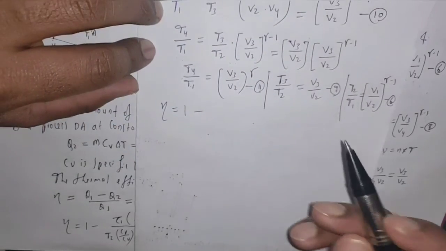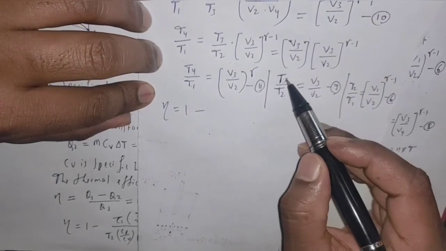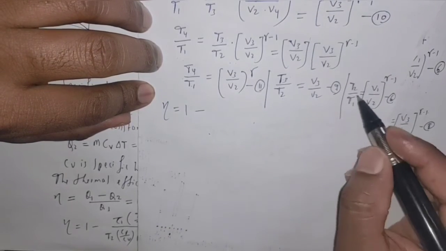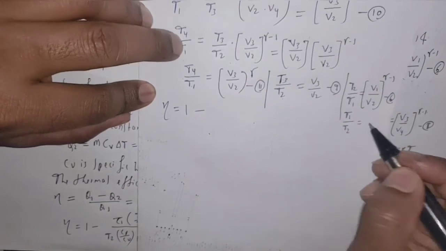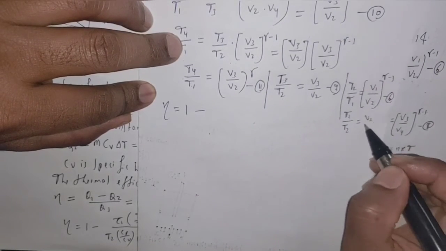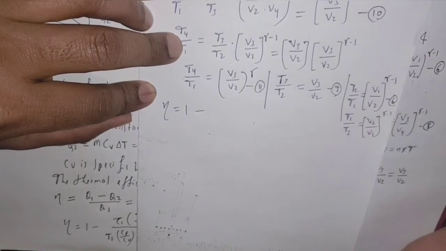Okay, now let us substitute T4 by T1 and T3 by T2, and here I am going to rearrange the terms: T1 by T2 is equal to V2 divided by V1 whole power gamma minus 1.